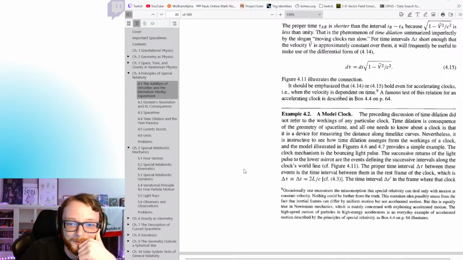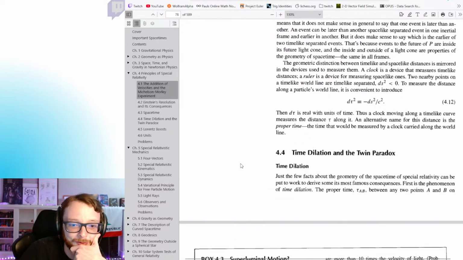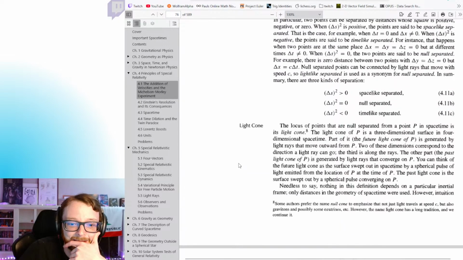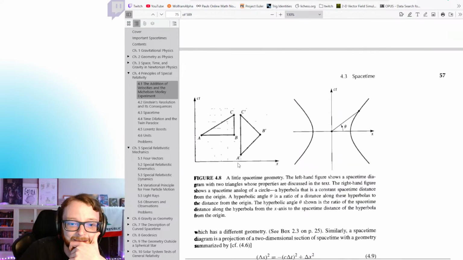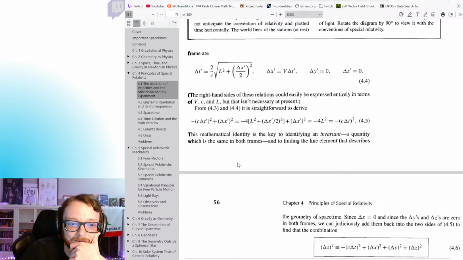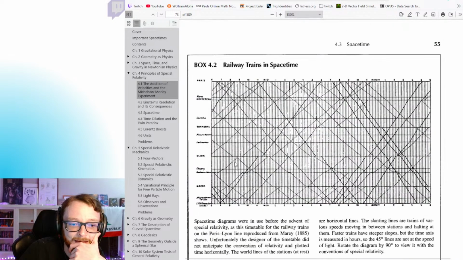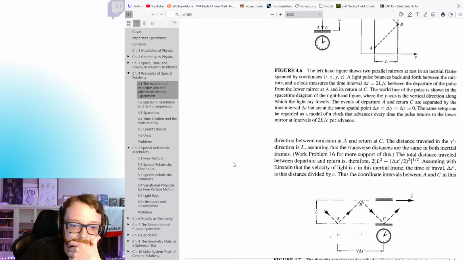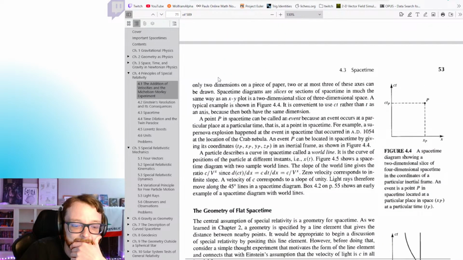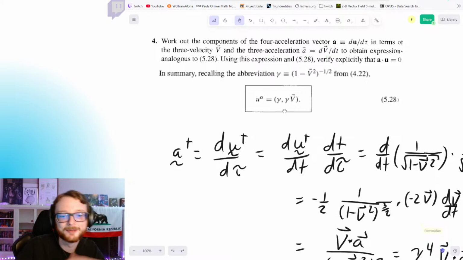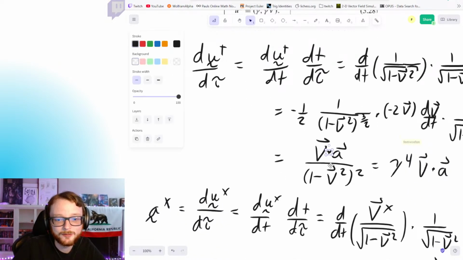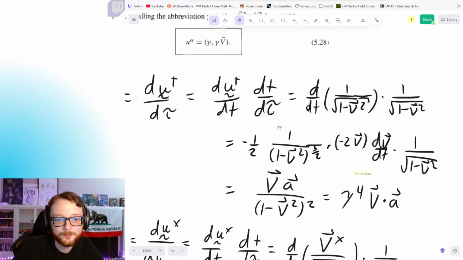Why would they use v with an arrow if they mean the magnitude of v? Well, okay. It could be, is it? No, it can't be, can it? Because it's the time component. I was going to say maybe this is three equations in one, but it's not. It's one equation. I think you're right. It must just be the magnitude. That's not a dot product there.